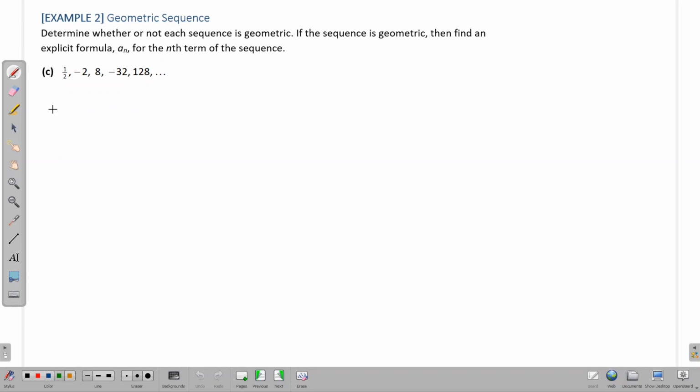All right, one more. This one's got some fractions in it, and it's got negatives as well. So let's start with the ratio of -2 over 1/2. That comes out to -4. If you do keep, change, flip, or multiply by a reciprocal, then the next one would be 8 over -2, also coming out to -4.